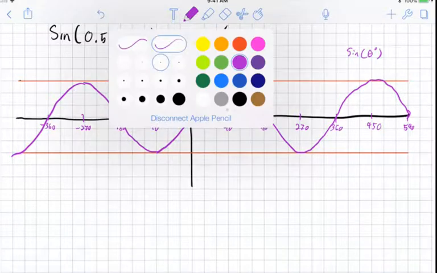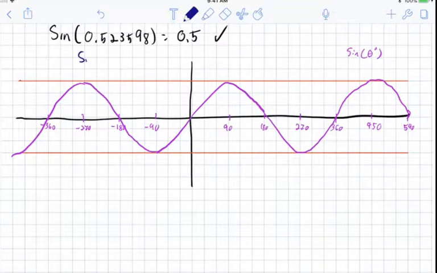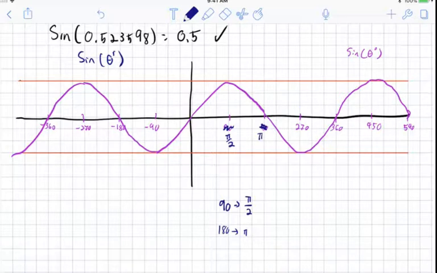The deal with the function when it's written in terms of radians is that it has exactly the same output. It's just that the numbers for the inputs have changed. So instead of 90, which is a quarter of the way around the circle, it's pi over 2. Instead of 180, which is halfway around the circle, it's pi. Instead of 270, which is 3/4 of the way around the circle, it's 3 pi over 2.